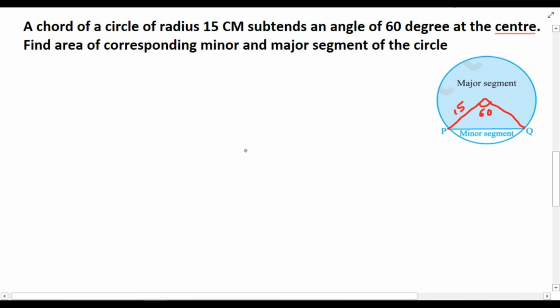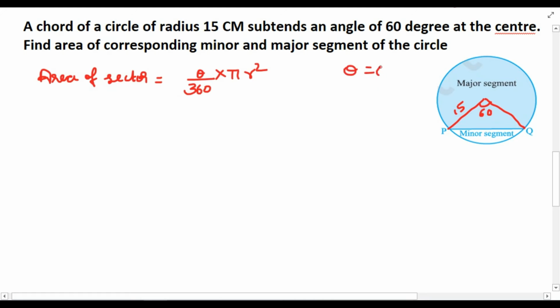So how will you find the area of the minor segment as well as the area of the major segment? To find the area of the minor segment, first we need to find the area of this sector. We know that the area of sector is theta divided by 360 into pi r square.